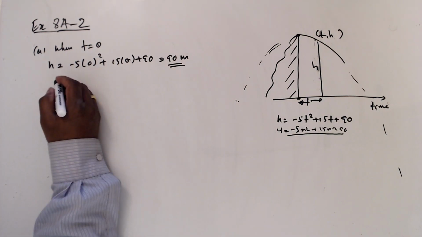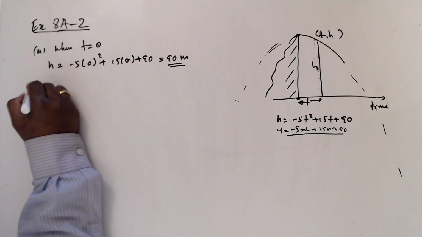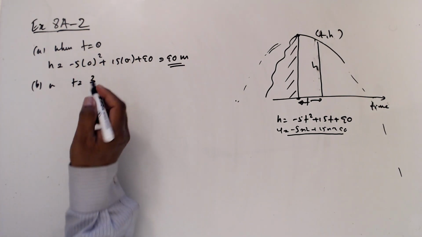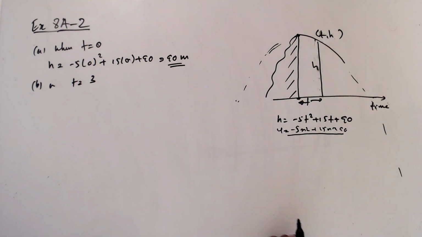So the next question is to find the height of the stone when t value is 3. After 3 seconds, it should be here somewhere.